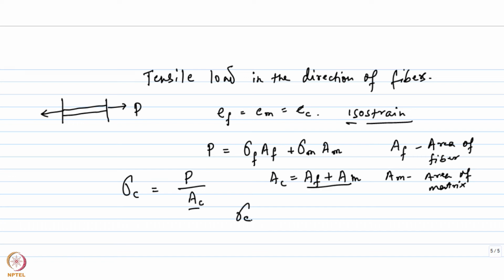Sigma C can be written as, right? P is replaced by this.